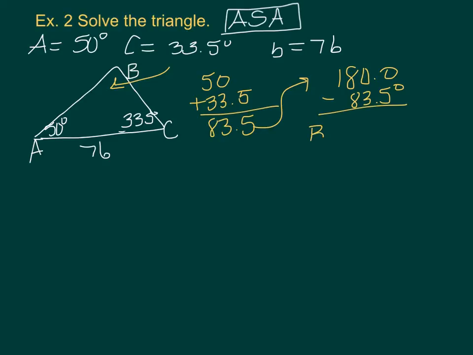So angle B is 96.5 degrees. So now I have all three angles. Now I can find little c or little a. So now I'm going to use B's information as my base.